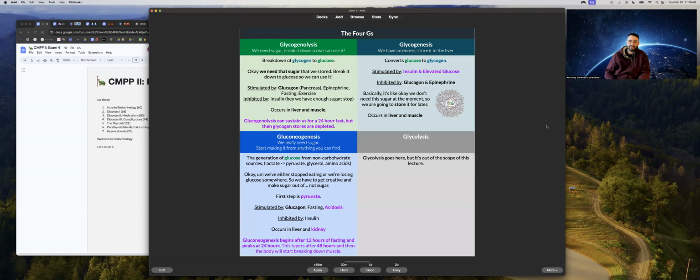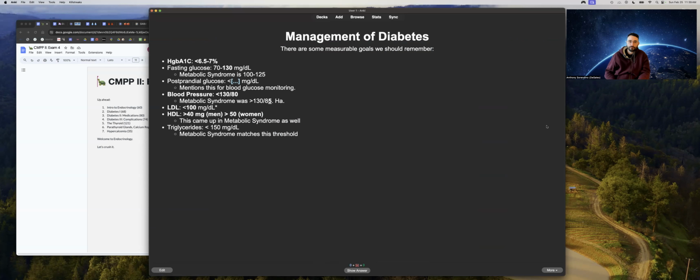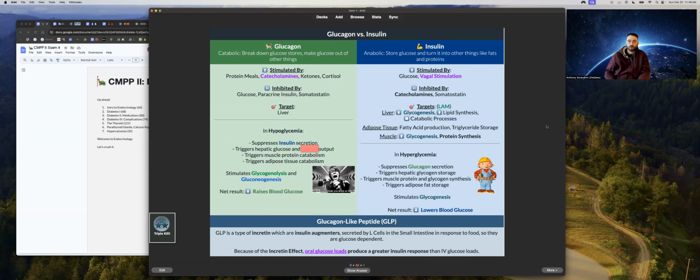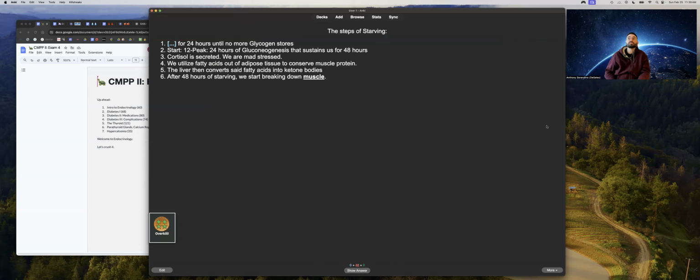Occurs in liver and kidney. We want postprandial glucose less than 180. All right, 49. Triggers hepatic glucose output. A ketone. Stop saying glucose. Glycogenolysis.